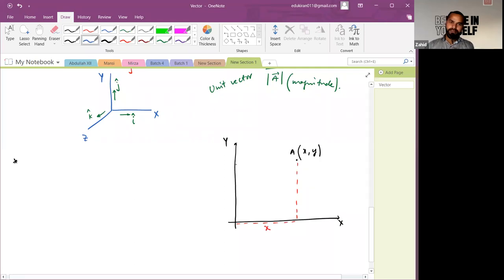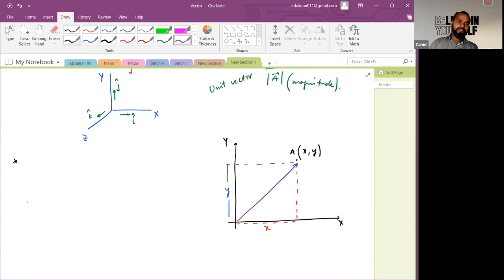Similarly, it has a component along the y-axis as y. If you join from this part to this part, it will represent a vector.